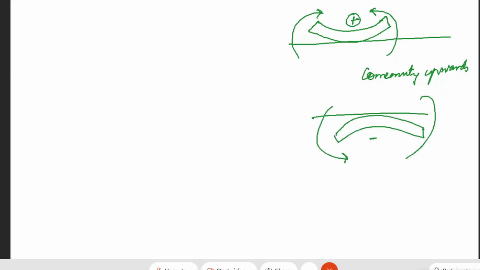As we have already understood this in our earlier class, when our moment is such that the beam bends under load with concavity upwards, then the moment is positive.